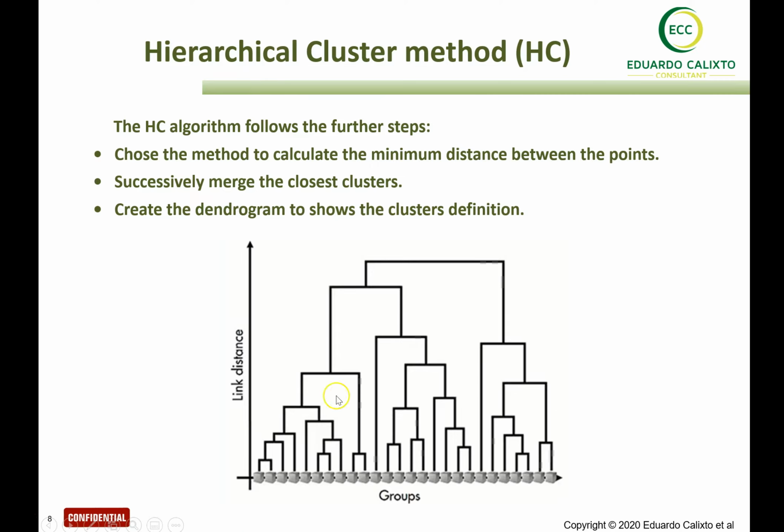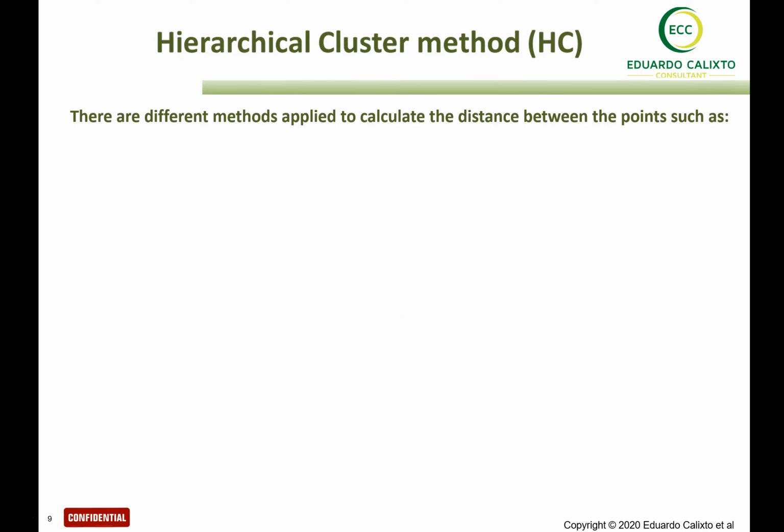We'll see later on that there are different methods to calculate this distance. Once you choose the method, you successively merge the closest clusters and put them together, and in the end you create this dendrogram, as I mentioned before, this picture here where you can see different levels of clusters. So in this methodology you can have as many clusters as you want, and you can see all levels. It's a very good picture to apply for maintenance.